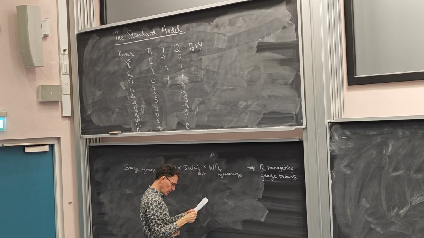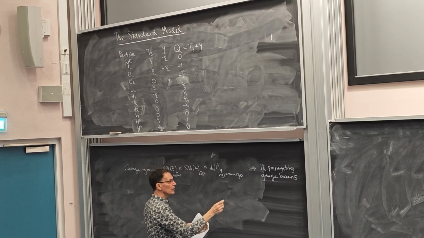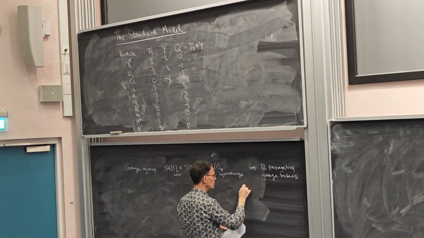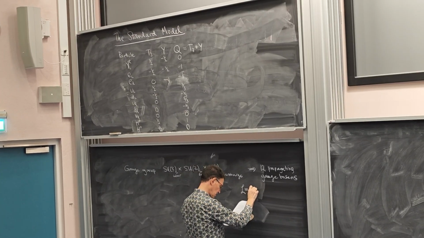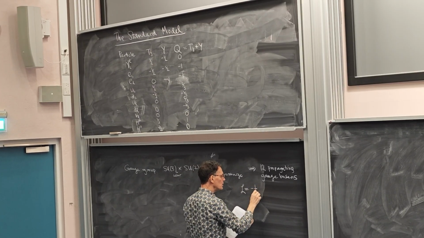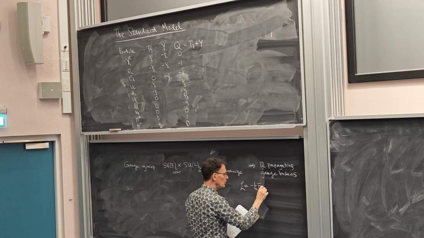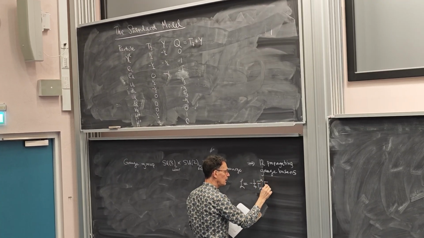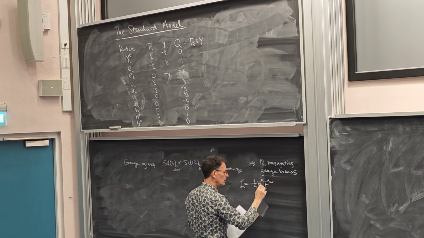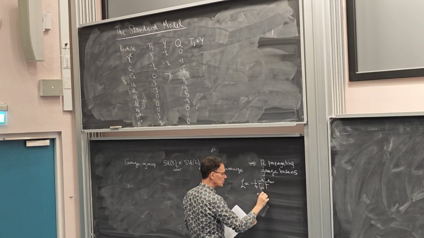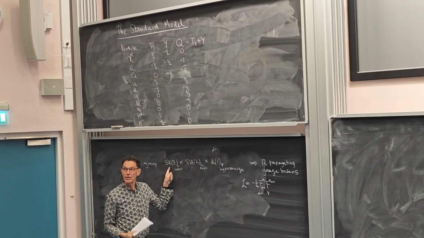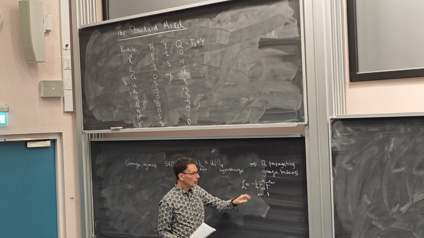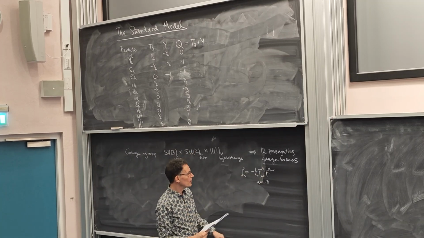The Lagrangian for the vector bosons is just minus 1/4 F_μν^A F^μν A, where A is 1 up to 8. That's the dimension of SU(3). So these are the color gauge bosons.